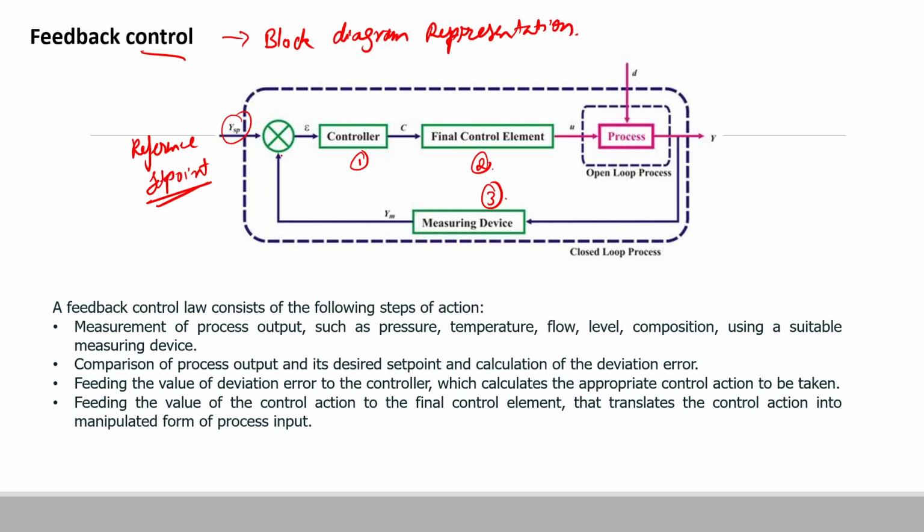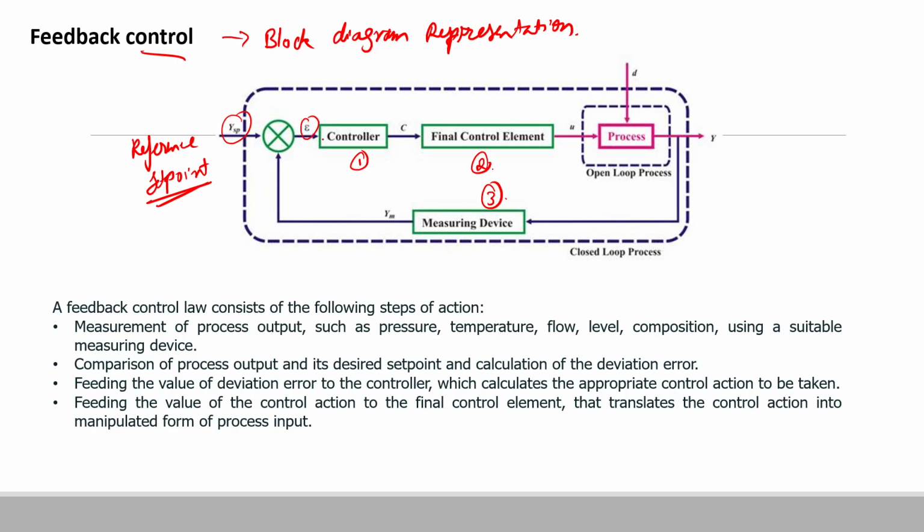That is compared with the measurements obtained from the plant or the physical process, using a comparator. It is nothing but the subtraction of the two terms, and on that basis we get an error term.